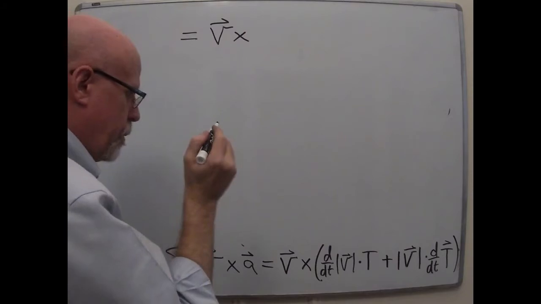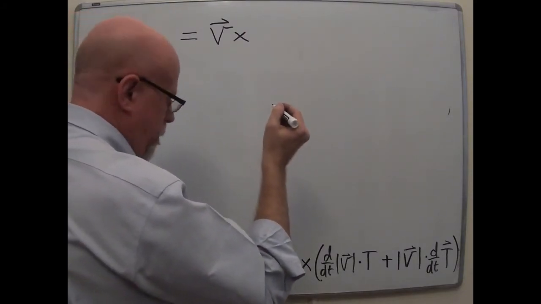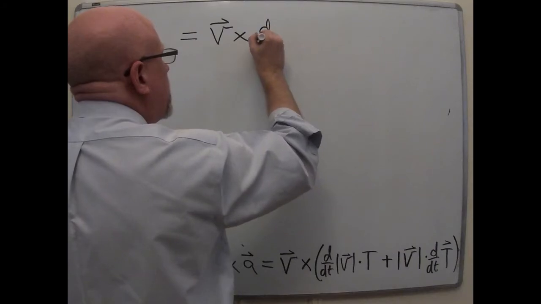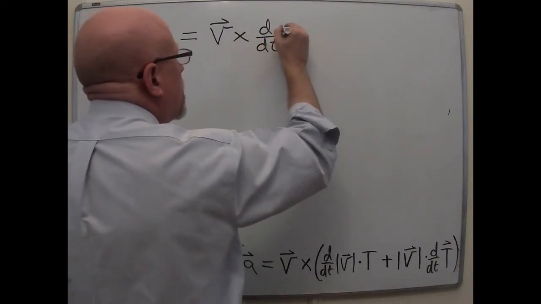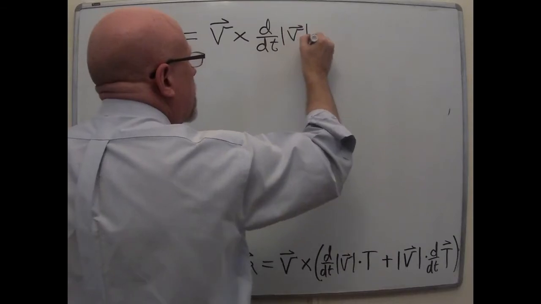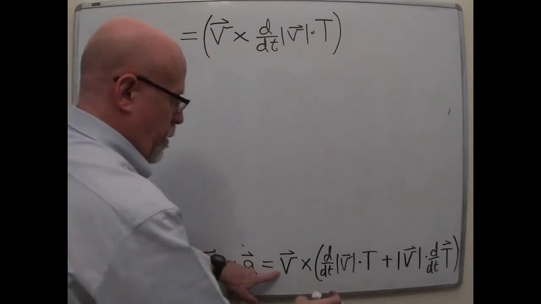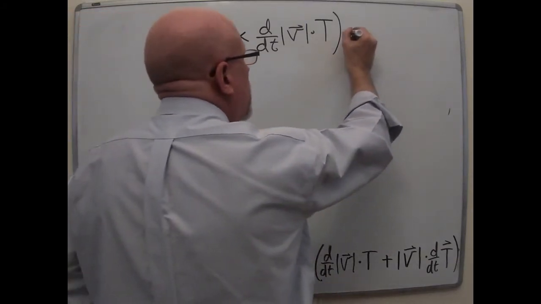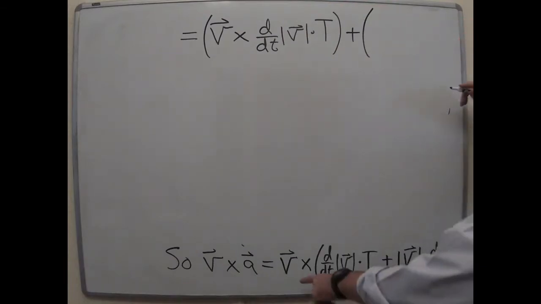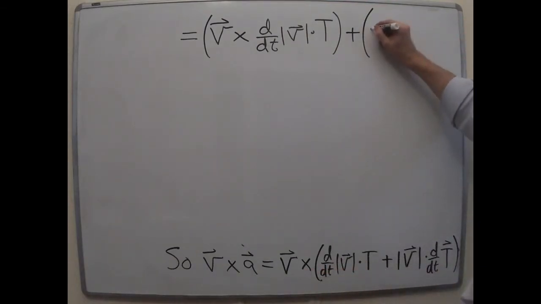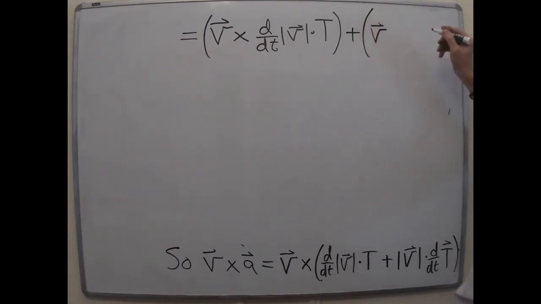The v vector crossed with the time derivative of speed, times t. That's v crossed with the first element of the sum. And then the second thing will be v crossed with the second piece here: the length of the velocity vector times d by dt of t.